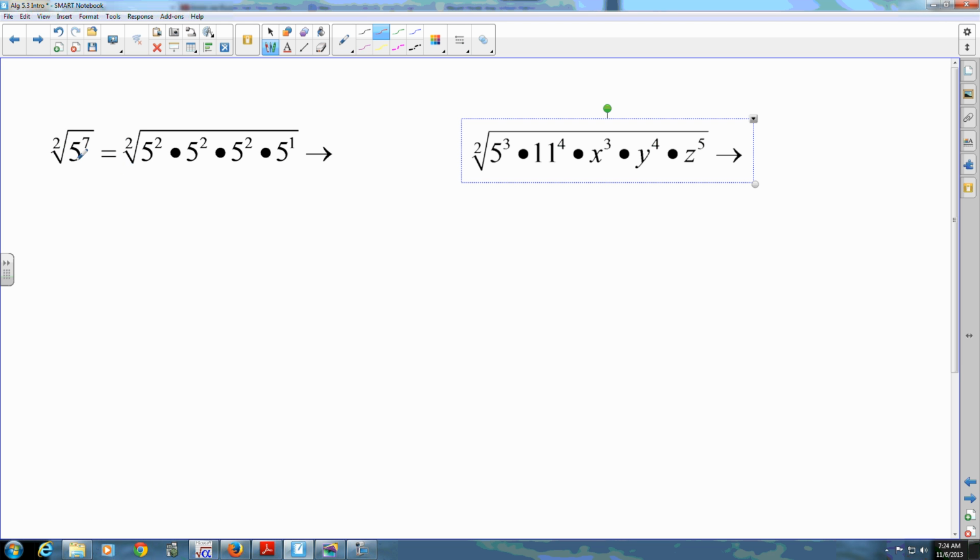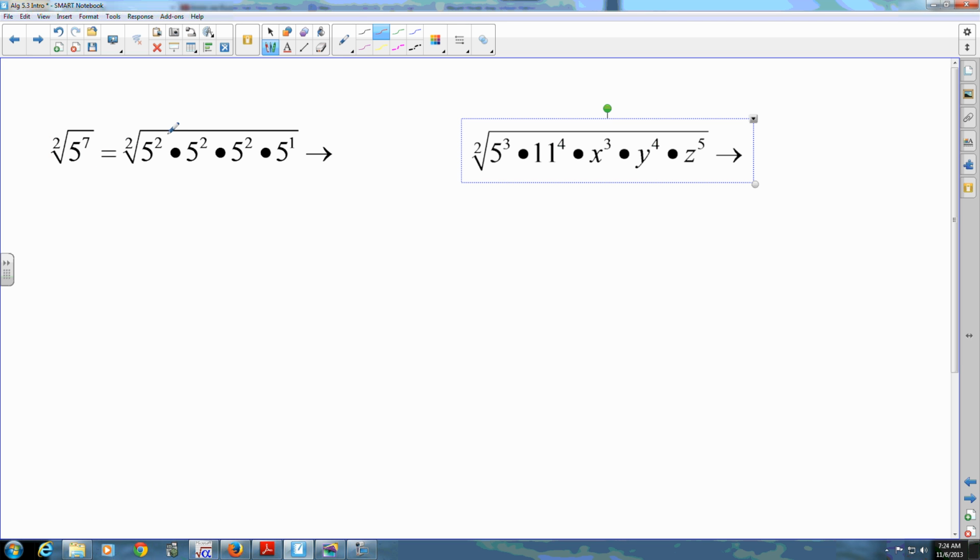Using that example we did before, I would love it if I could break this thing apart so the powers match the root, so these individual pieces would pop out. Again, the goal is to reduce this, or to simplify this.